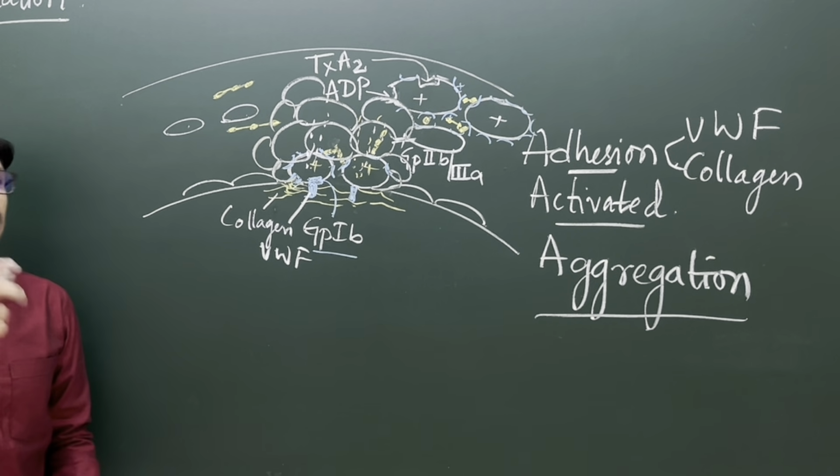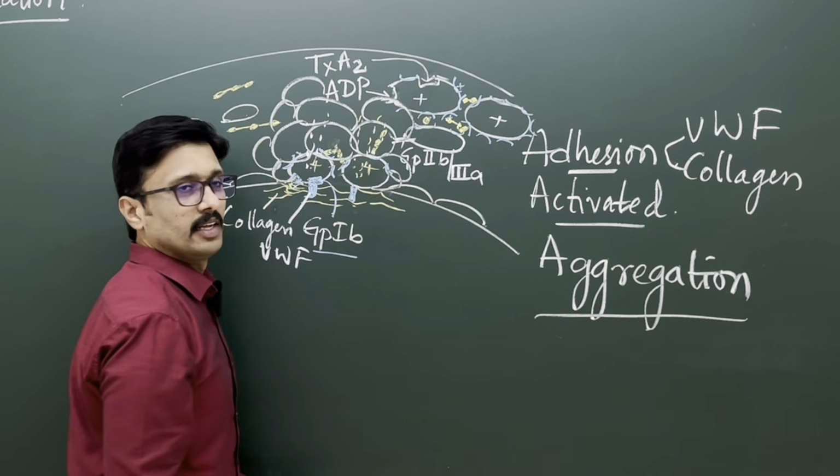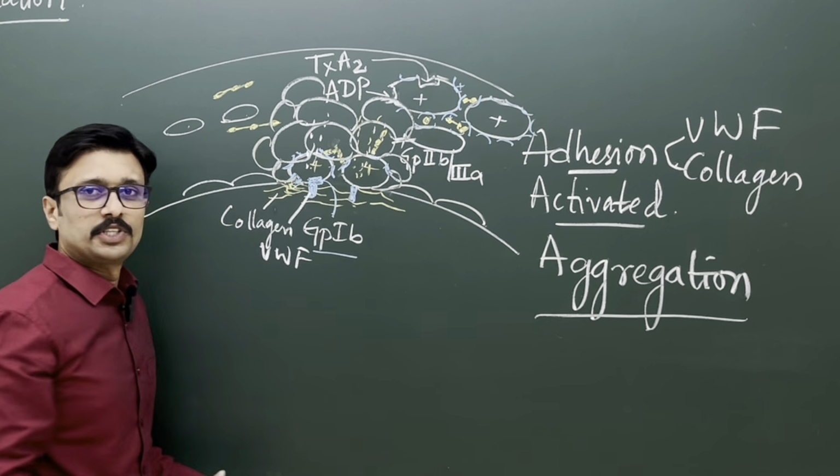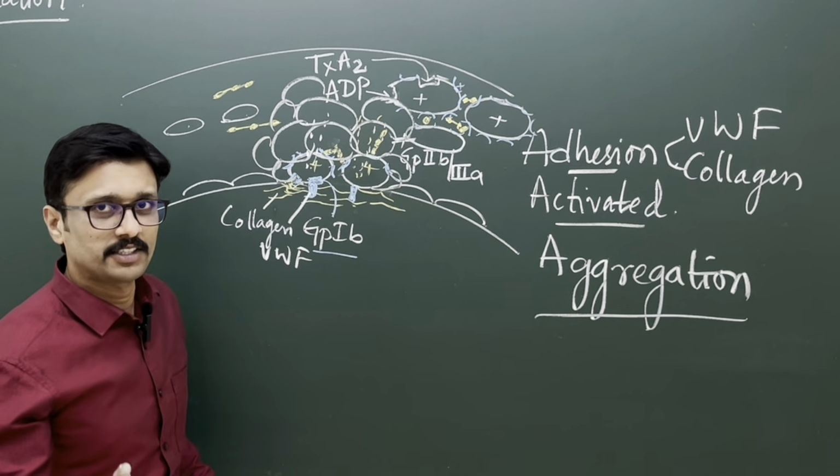The three steps in formation of the platelet plug start with platelet adhesion, that is the adhesion of the platelets exposed to the subendothelial collagen and von Willebrand factor.